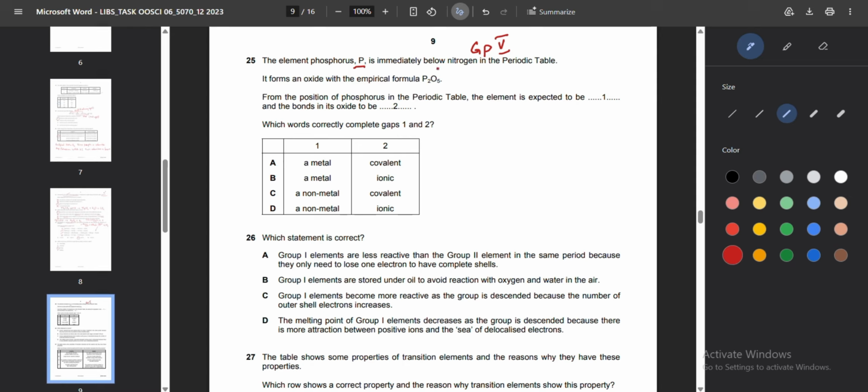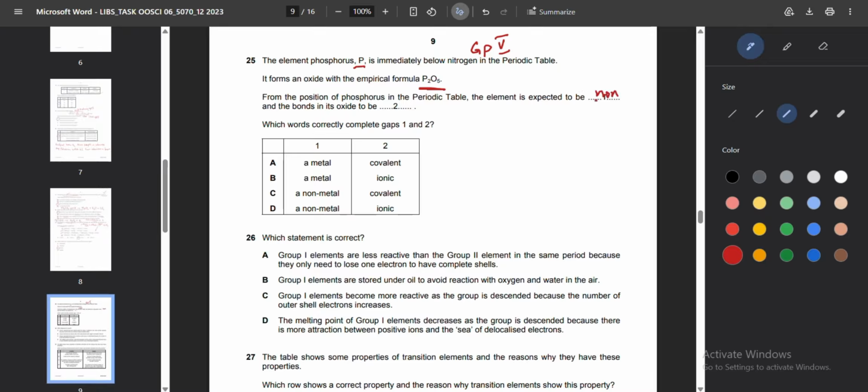Since the phosphorus belongs to group 5, so it's a non-metal. So you can write over here that in their oxide we have two elements, phosphorus and oxygen. Phosphorus belongs to group 5, oxygen belongs to group 6, and both are non-metals.